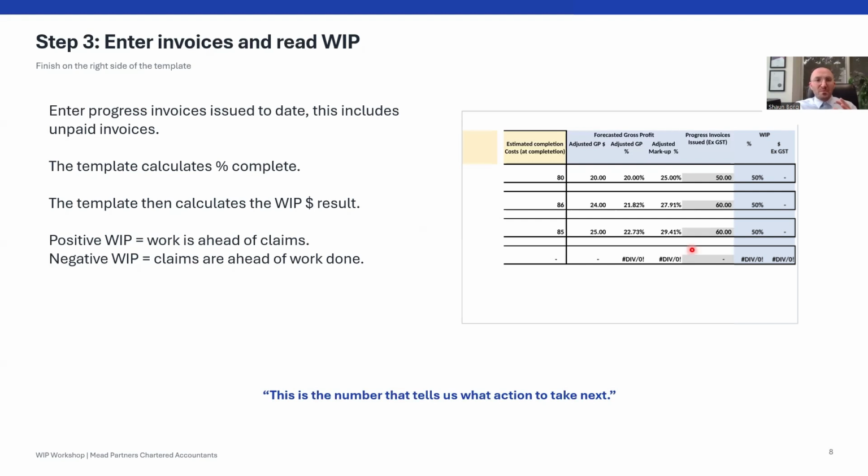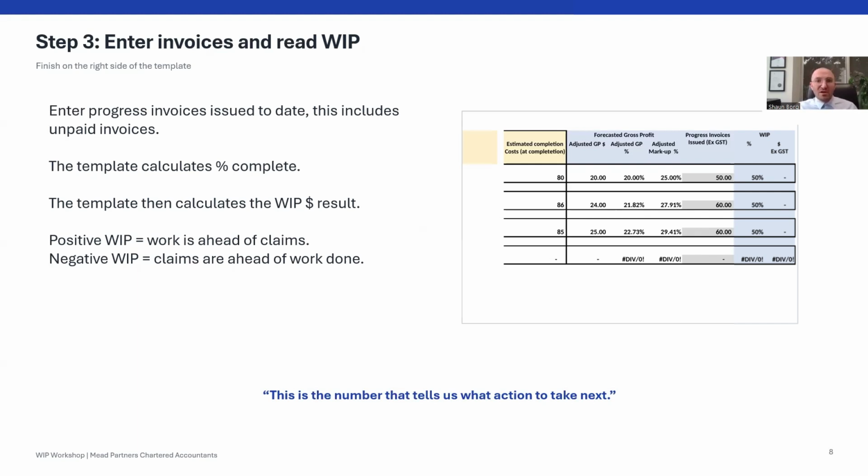The WIP percentage reflects the stage the job is completed to. So for example, where we have 50%, this indicates that the build is 50% complete, regardless of the progress claims and invoices. It's where you can do a sanity check on the job.